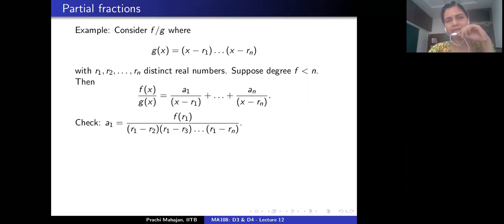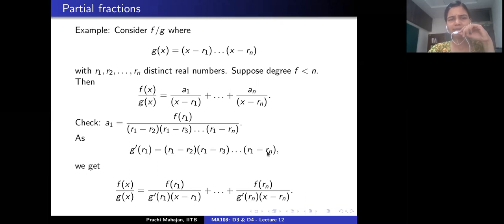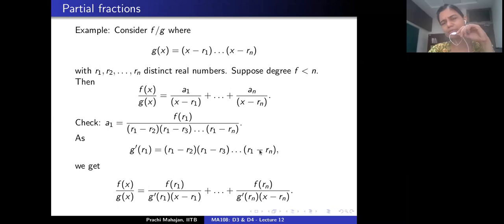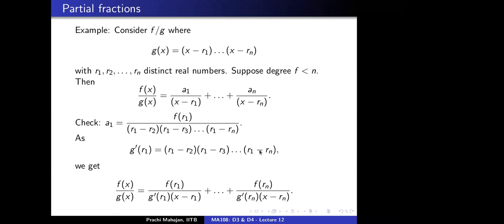One can write down a1 by just plugging in f at these values, right? Is that correct? And how do you get this? Yes, this is something to remember off the top of your head, or you may not, whichever way suits you. I'm sure all of you know this very well.